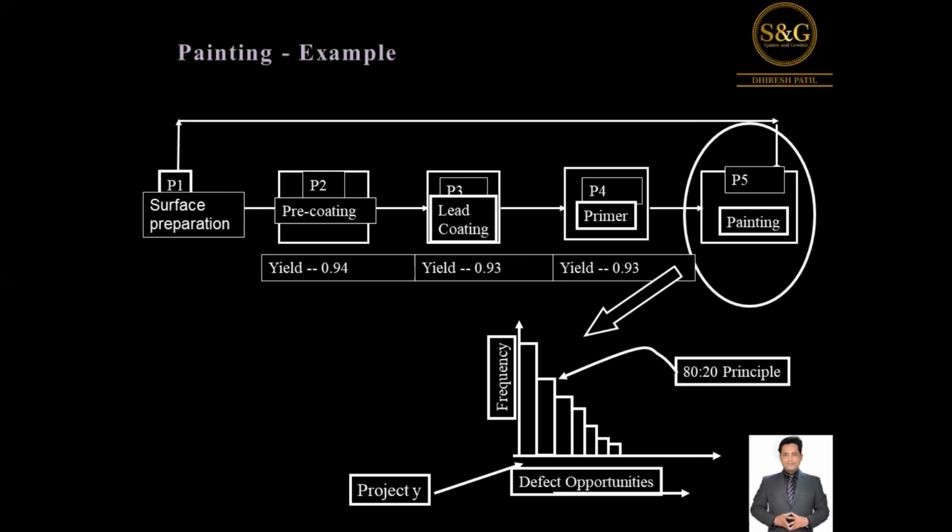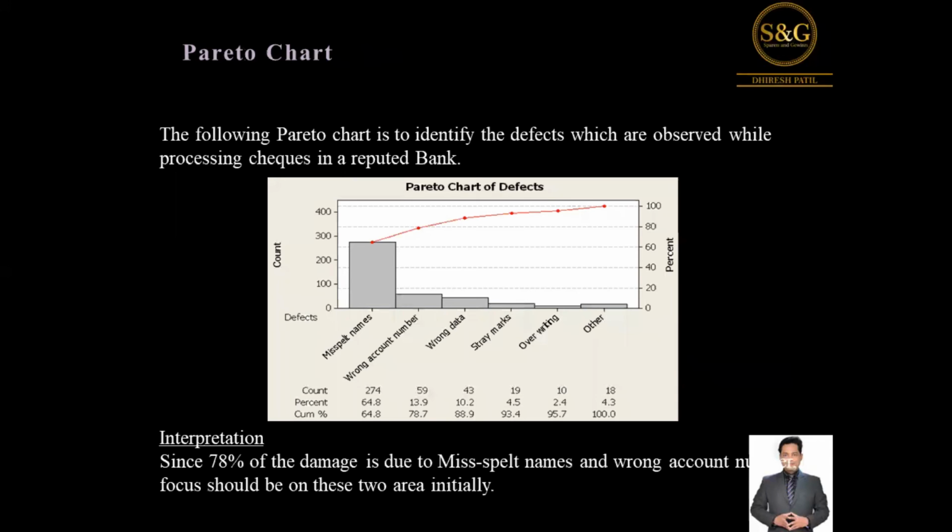We calculate the rolled throughput yield as well, which is the multiplication of all the processes' throughput yields. Then we take the lowest throughput yield process and do a Pareto analysis, the 80-20 analysis. Pareto analysis gives us priority areas of focus, which are defects, and that defect reduction becomes our project Y. This is the process of internal identification.